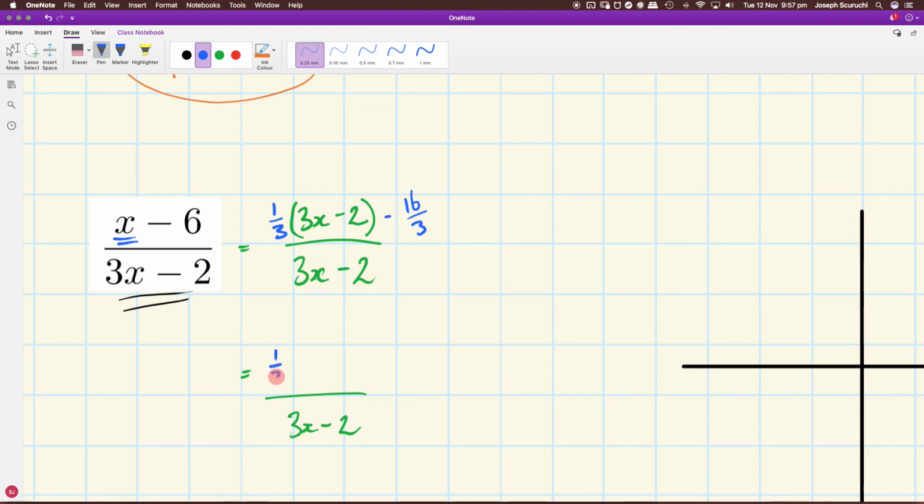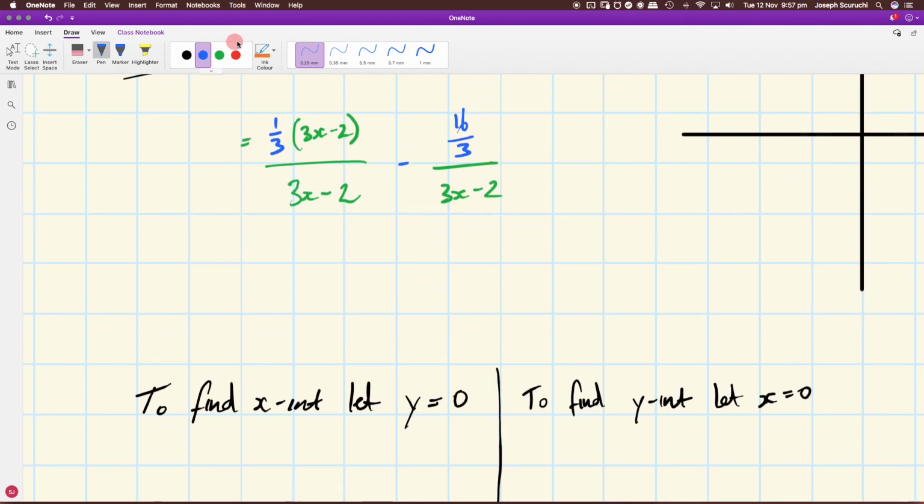I'm going to get 1/3 times 3x minus 2, minus 16 on 3, over 3x minus 2. That will go away with that. I'll be left with 1/3 on this side. And then here I'll have 16 on the top, then 3, then 3x minus 2.